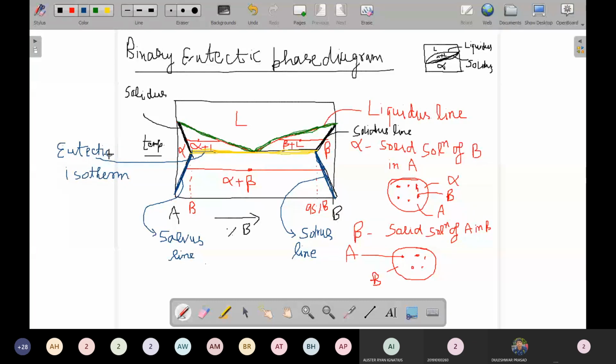And why is it known as eutectic? Because this point, let me mark it with the red color, this point is known as the eutectic point. Please remember this. This is a very important point.